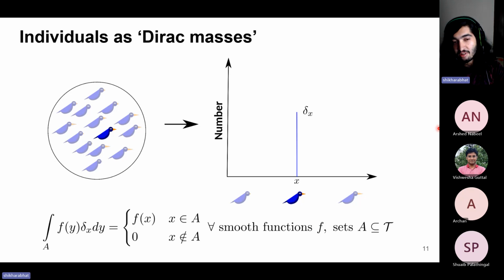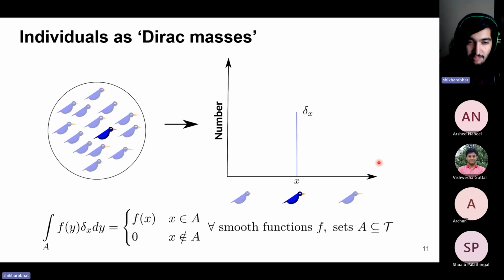I may use the word function for this informally later on, but the mathematically rigorous way to view this is as something called a measure. You don't have to worry about what that is if you don't know, but the whole idea of this talk is to provide some heuristics to try to formalize certain processes that are measure valued.